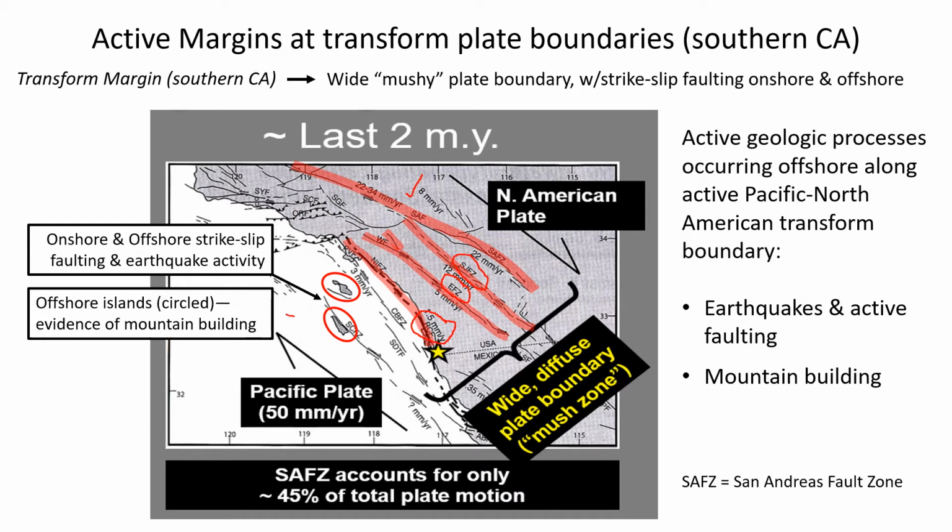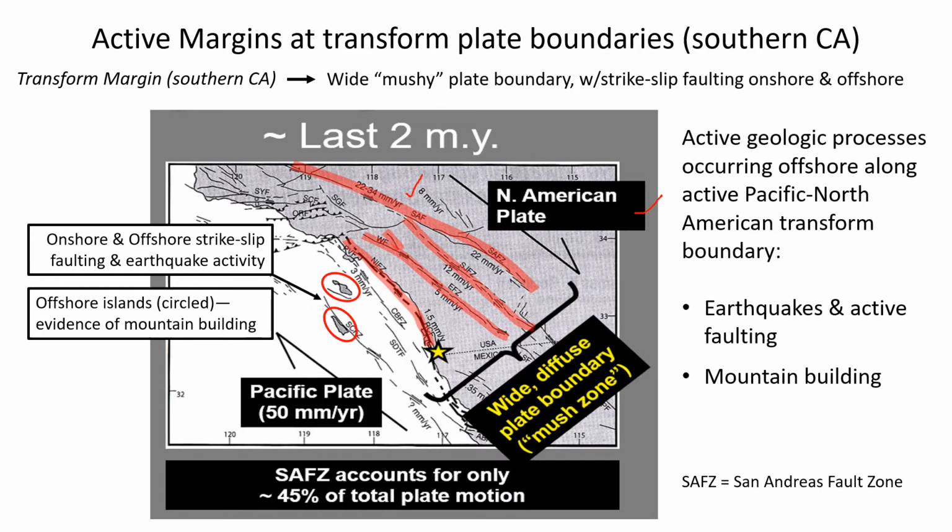And the reason is that they reflect the overall sideways plate motion regionally between the North American plate to the east and the Pacific plate to the west. But because this is a chapter on the seafloor, let's turn our attention to the seafloor just west of Southern California. And what we find here is that the active faults continue out into the continental margin area west of Southern California.